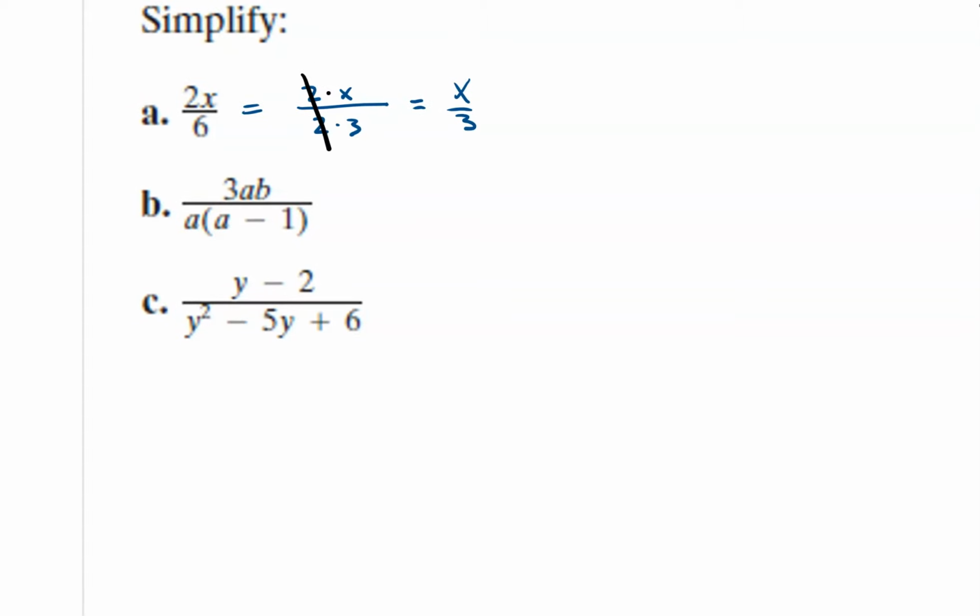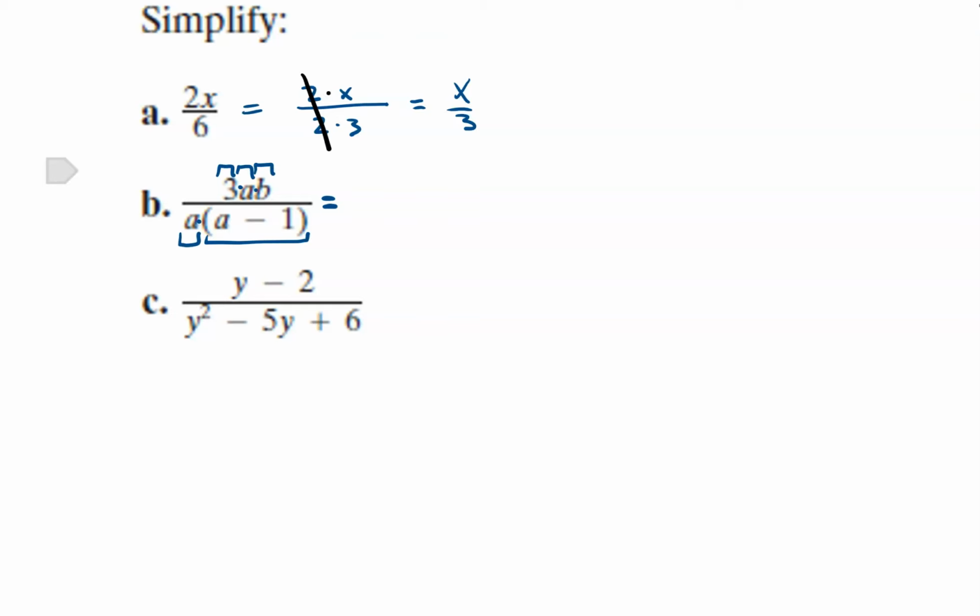Similarly, in part B, I don't think there's any factoring for us to do, but we should note that between each of these terms, 3a and b, is a multiplication sign. And between a and this term is also a multiplication sign. So I've got basically 2 items that are multiplying here and 3 items that are multiplying up here.